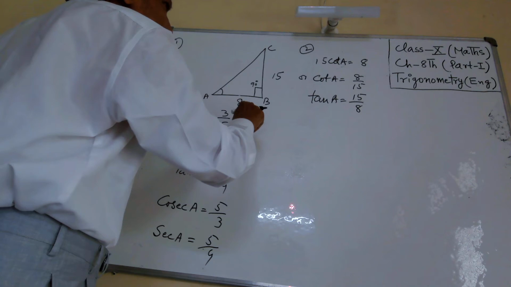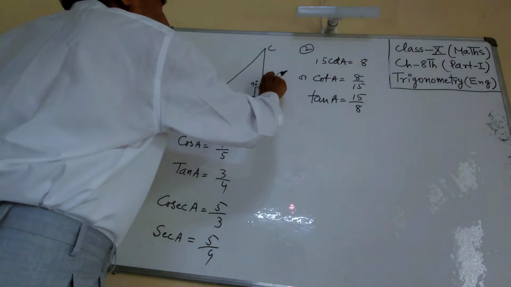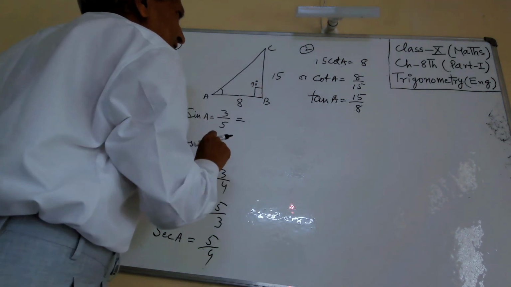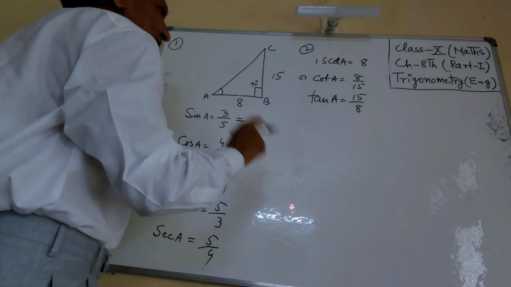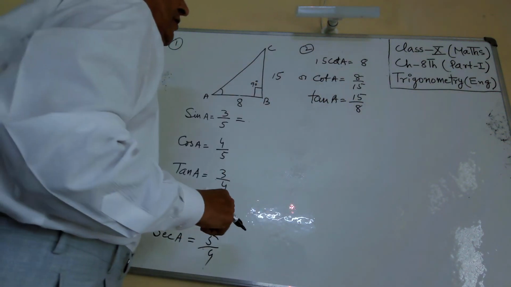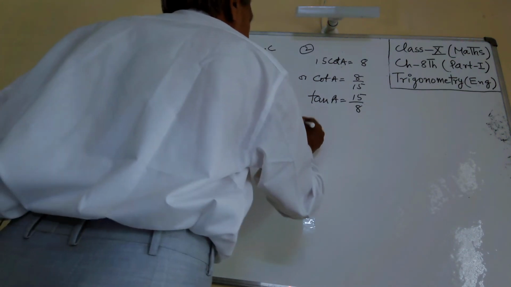In triangle ABC, tan A is equal to 15 by 8, perpendicular BC is 15, and base AB is 8. We have to find out the value of AC so that you can find out all the identities of trigonometry. So apply Pythagoras theorem.